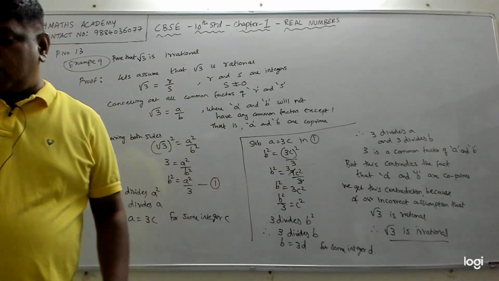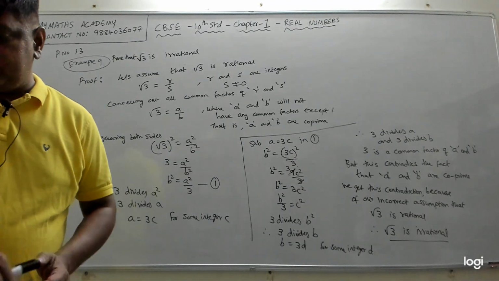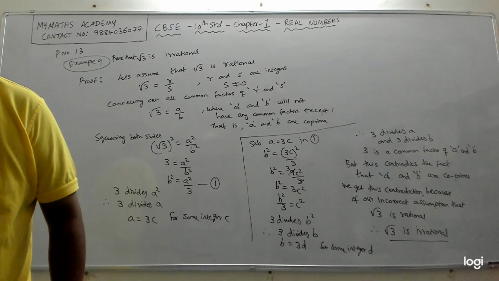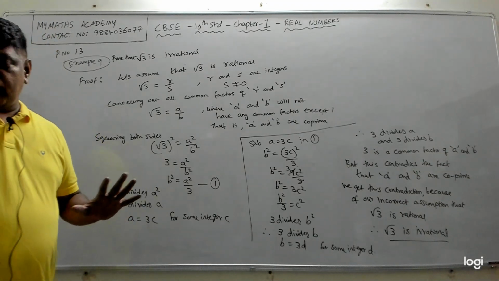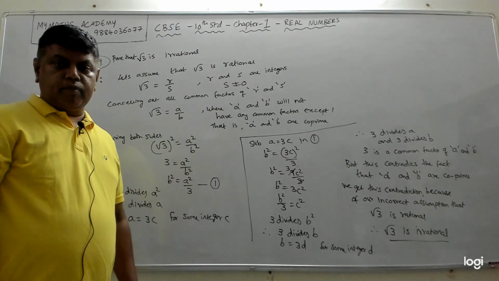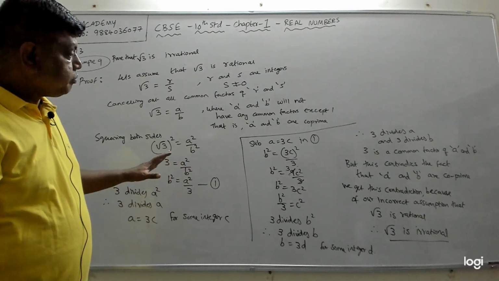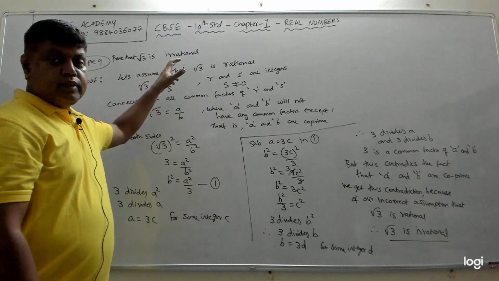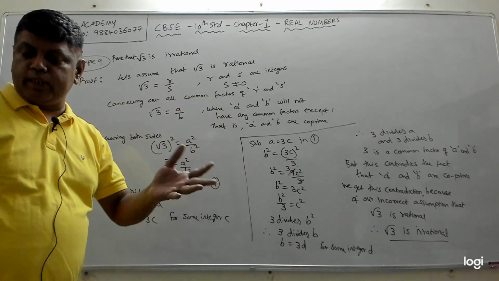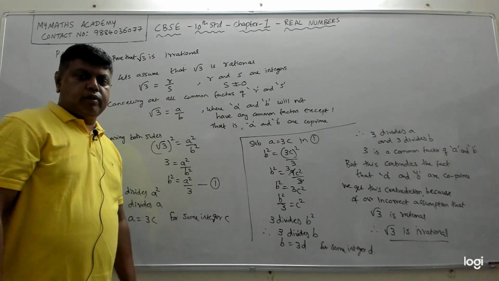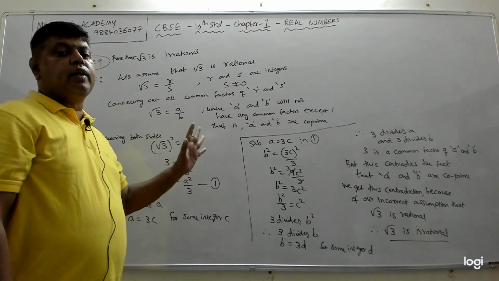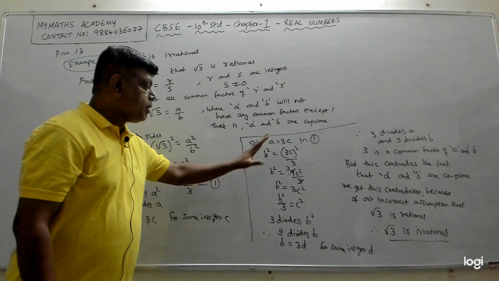Fine. So copy this. Before going to example 10, I will do exercise 1.3, root 5 is irrational. First this one, then we will go back to example 10 and example 11. Now we will prove root 5 is irrational, using the same method with the same change.